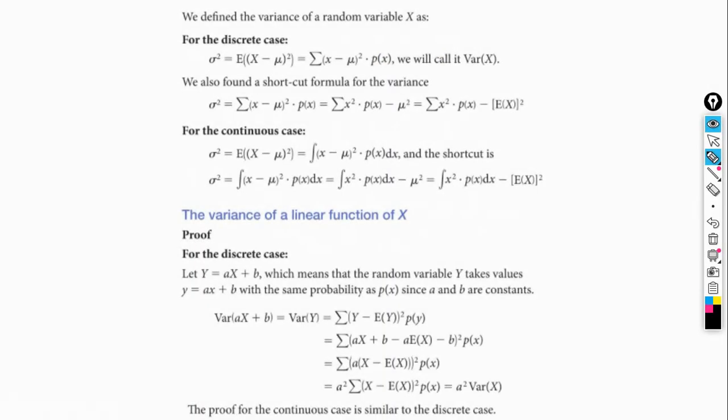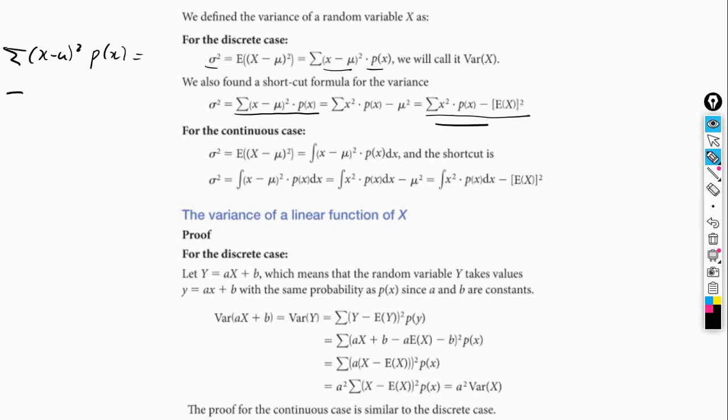Let's recall that for the variance, the definition is the deviations from the mean squared times each probability. And then we had spoken about deriving this formula. Now, in case you don't remember how we get from here to here, just think of it in this way. If we have the sum of x minus mu squared times each probability, we can expand this, right?